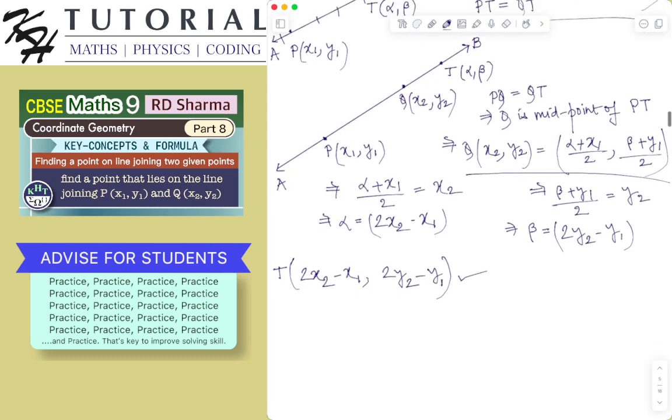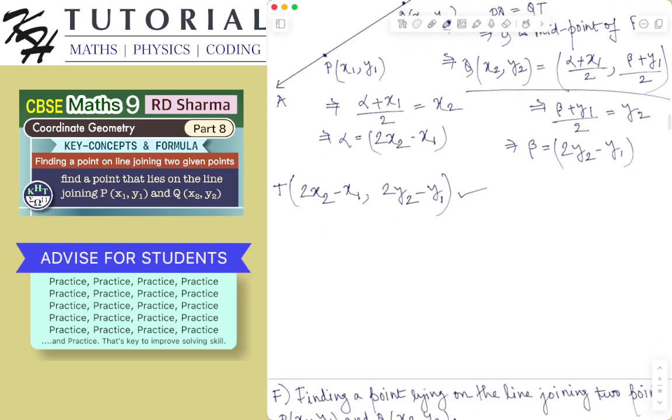By the way, one concept you must always know is that if you have a relation like this, where the point P whose coordinates are x1 comma y1 is equal to the point Q whose coordinates are alpha comma beta, this will imply that x1 is equal to alpha, and y1 is equal to beta.